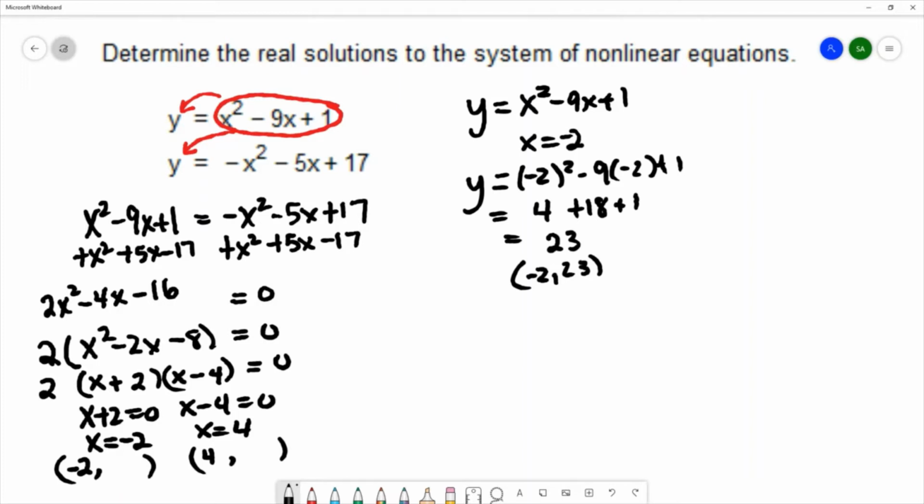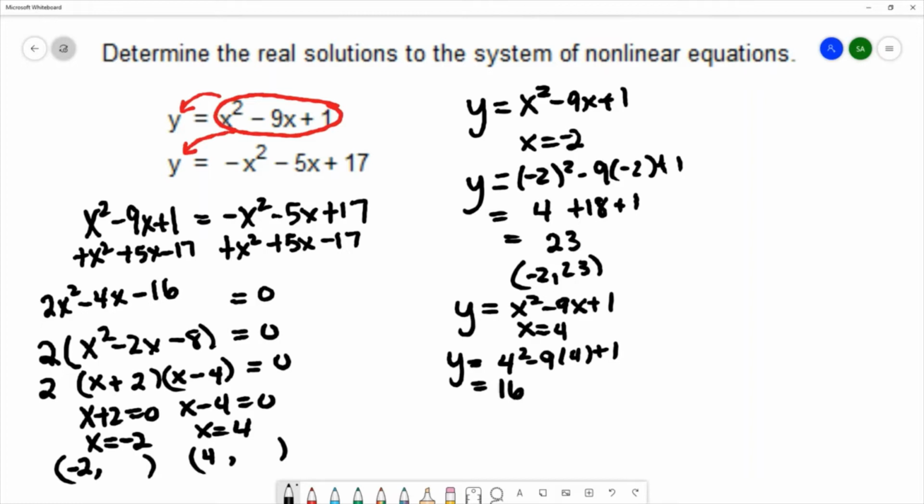And then I'll find the other ordered pair, y equals x squared minus 9x plus 1. We have x equals 4. That means y equals 4 squared minus 9 times 4 plus 1. 4 squared is 16. 9 times 4 is 36. 16 minus 36 would be a negative 20 plus 1, that's negative 19.